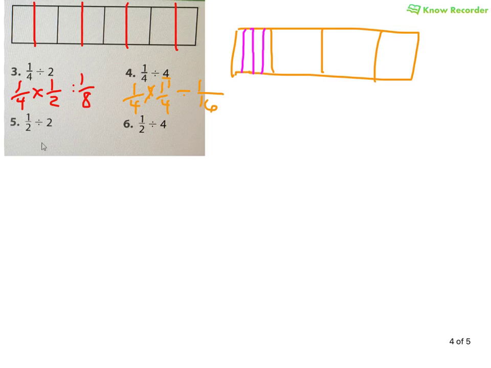But in relation to the whole, I would have 4 here. Whoa, that's the top of the screen. 4 here, 4 here, 4 here, 4 here. 4, 8, 12, 16. That's where I'm getting my 16th from. In the whole there are 4 pieces. But when I only pay attention to this quarter, there's 1 out of the 16 in all.